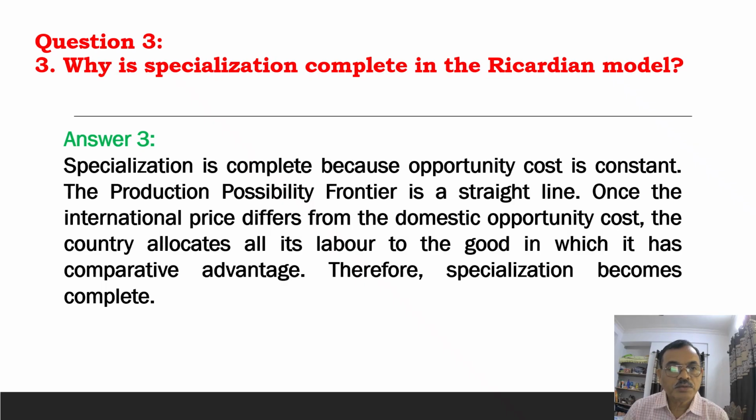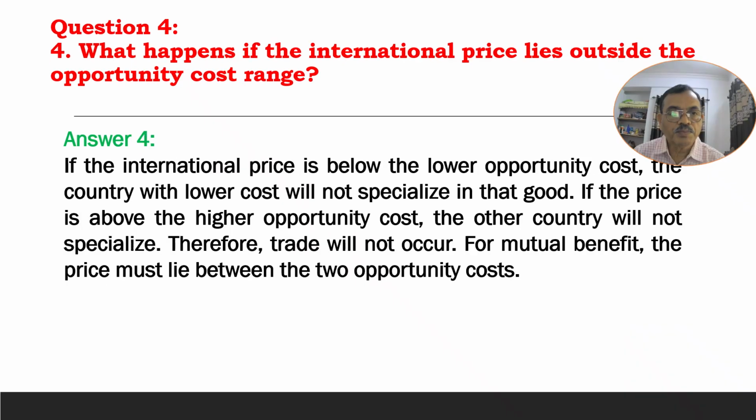Let us turn to question number 4. What happens if the international price lies outside the opportunity cost range? If the international price is below the lower opportunity cost, the country with lower cost will not specialize in that good.